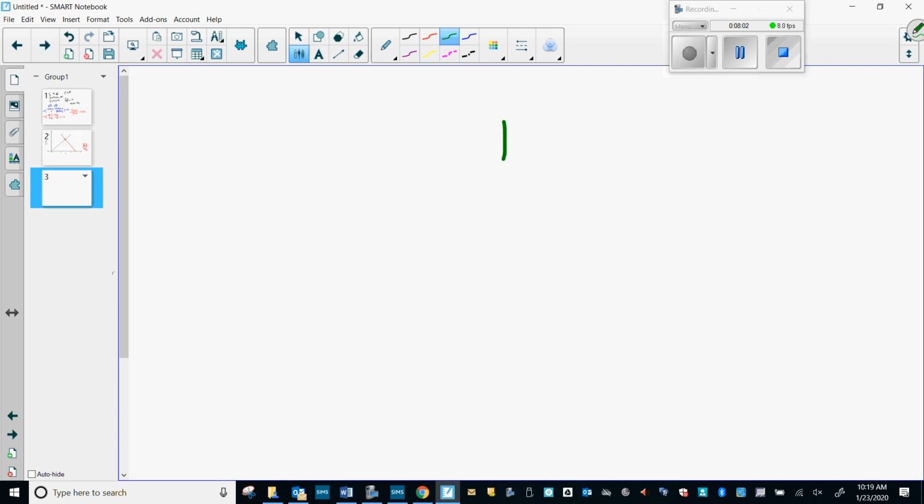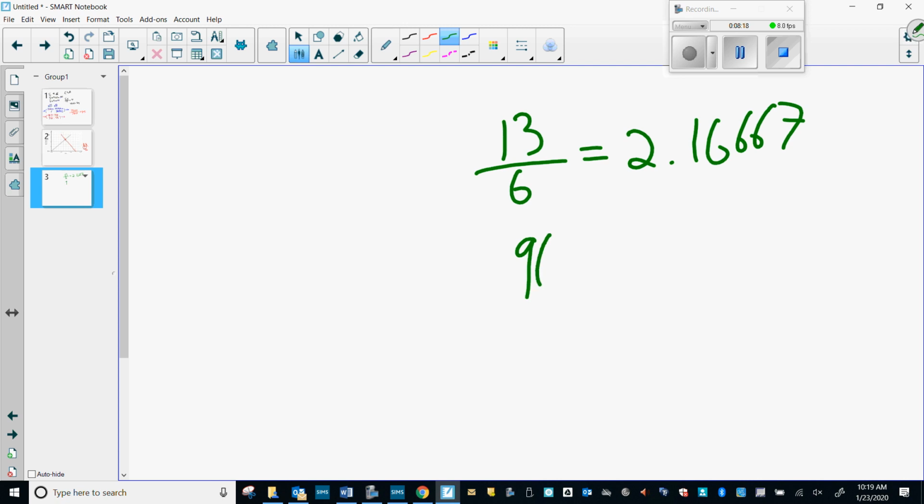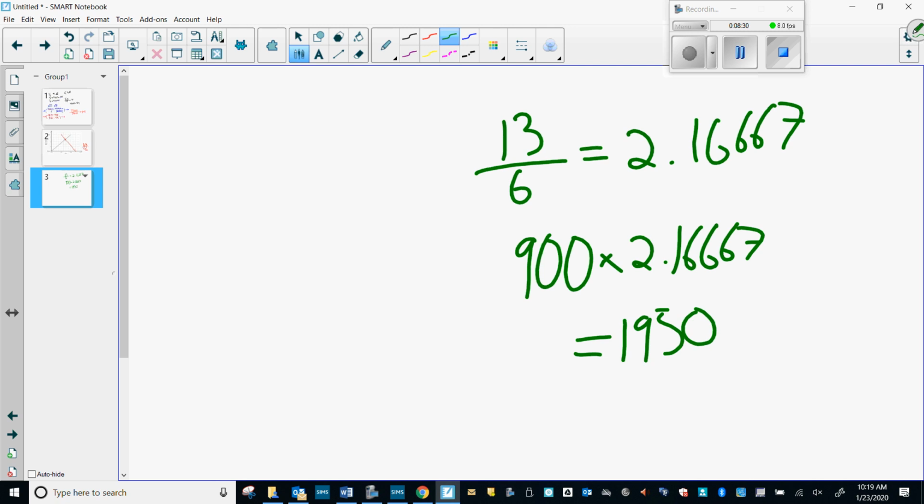So first you divide 13 by 6 to find how much you need to multiply by, which equals 2.166667. Then you multiply 900 to find how much chicken stock you need, and 2.166667 times 900 gave you 1,950.